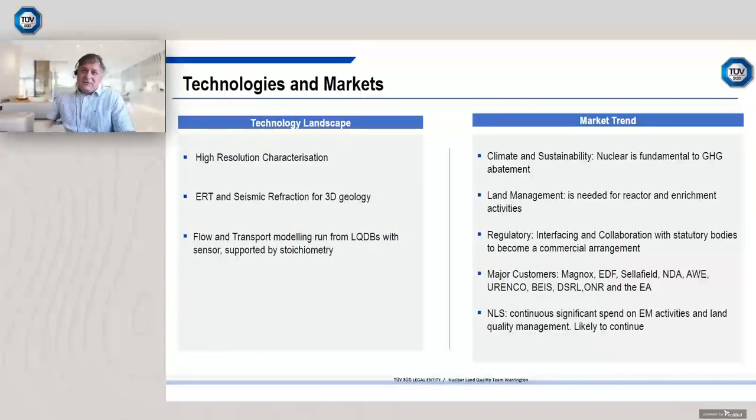In terms of technology and market trend, where are we going? At this moment, we're focusing more on reducing the time that we spend in characterization. For that, the key is high resolution characterization.